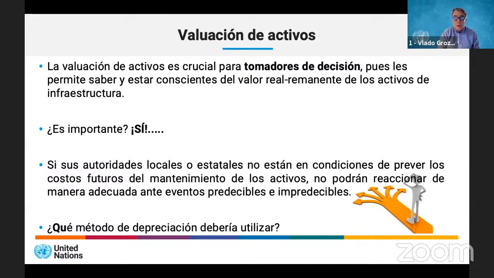But when we use the current replacement method, we should estimate the current replacement cost, which today could very easily be 1.5 million or 1 million, double the historical cost. Next slide, please.